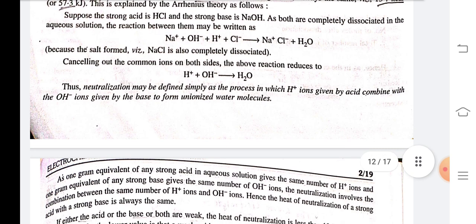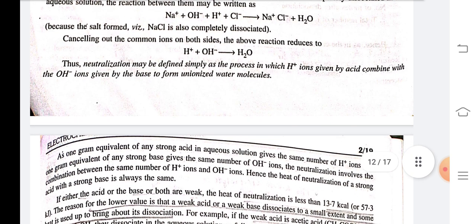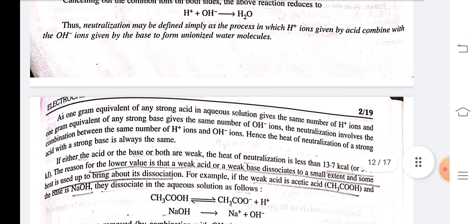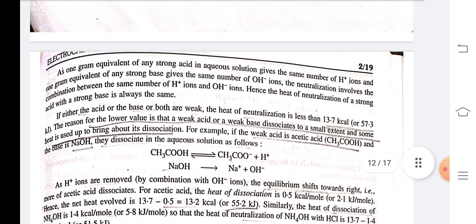Cancelling out the common ions on both sides, the above reaction reduces to H positive plus OH negative gives H2O. Thus, neutralization may be defined simply as the process in which H positive ions given by acid combine with the OH negative ions given by the base to form unionized water molecules.